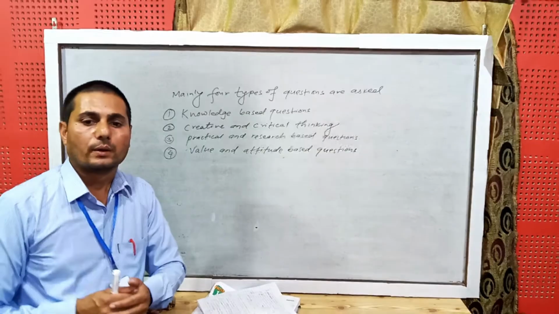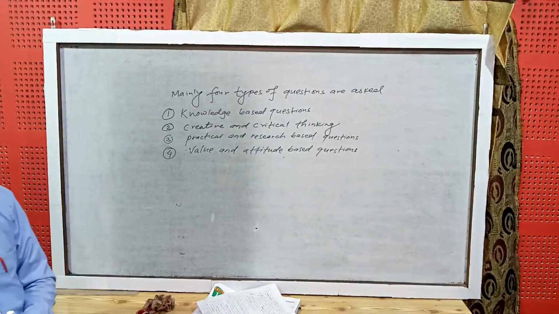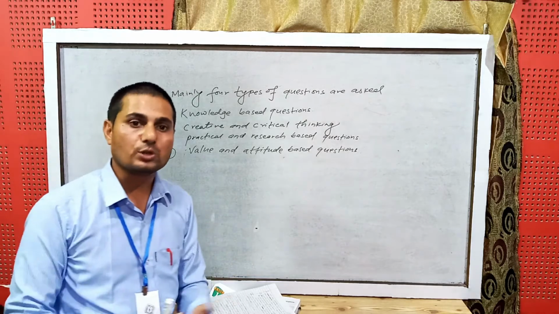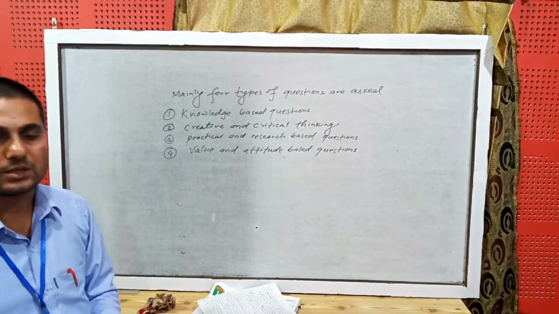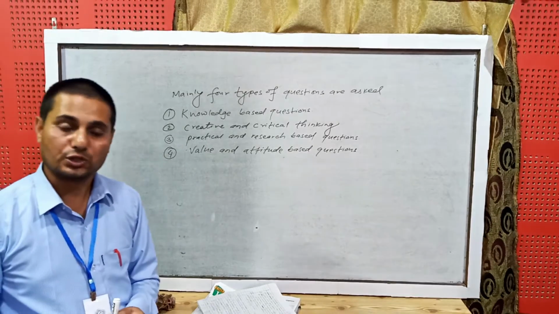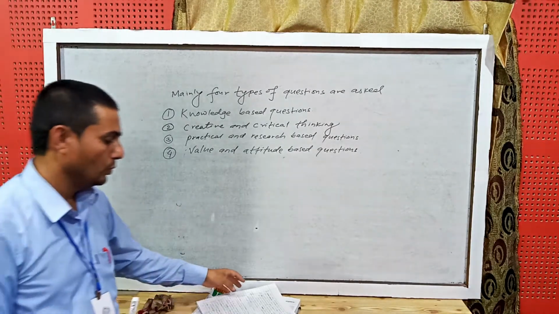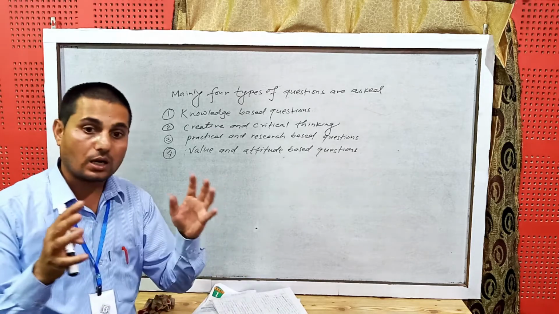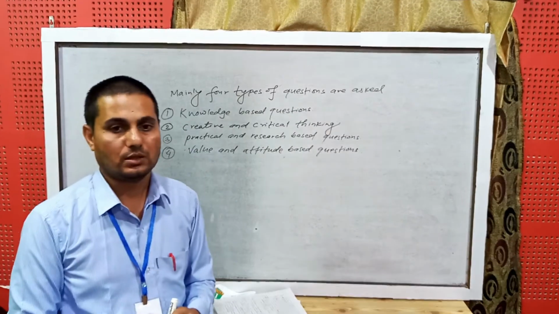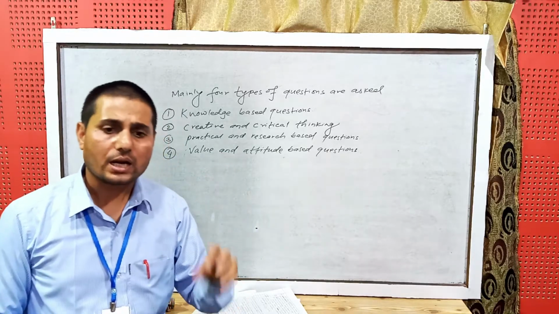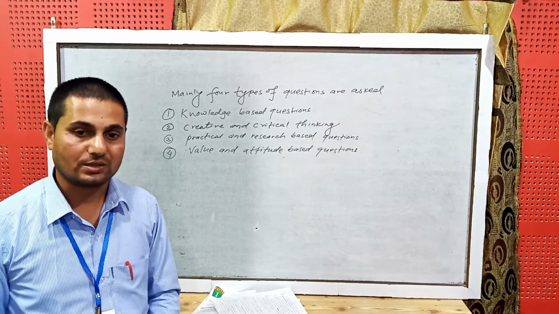Okay, dear students, now after the short introduction of the specification grid and the nature of the questions that are asked in the examination, let us discuss something about Unit 1. Dear students, I said earlier that altogether there are 9 units, and Unit 1 consists of sociology.